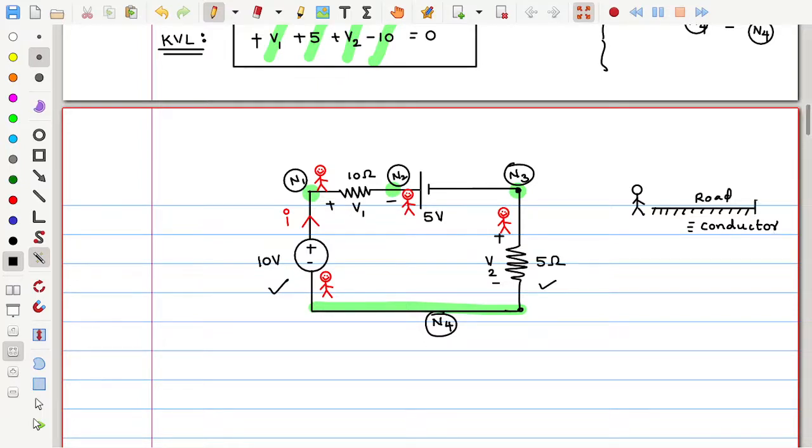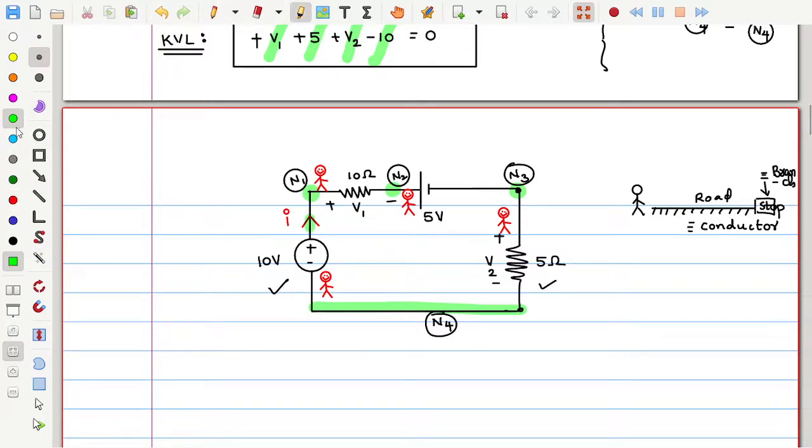In between on the road you may have some stops, and each stop corresponds to a branch, like a resistor, voltage source or something like that.